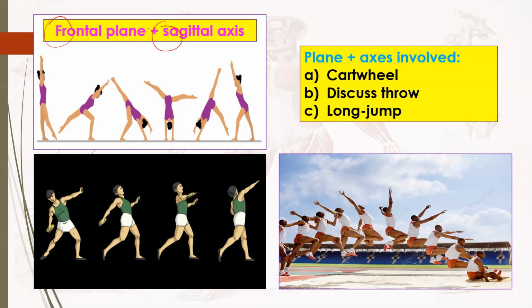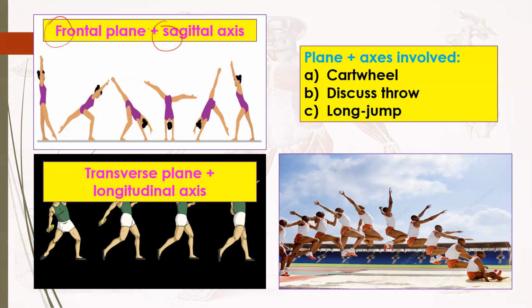So always then, once you've established the direction of the movement, go back to the rhyme. Which pair is it in the rhyme? Silly teachers force students to learn. To for transverse plane, learn for longitudinal axes. And then the final one, the long jump. What's the direction of the movement?